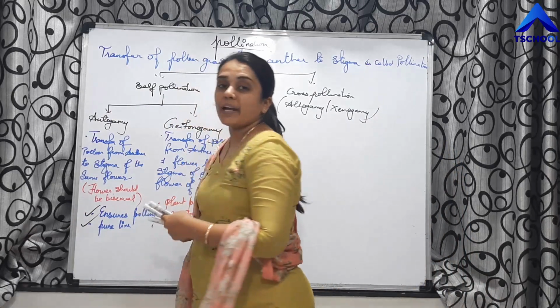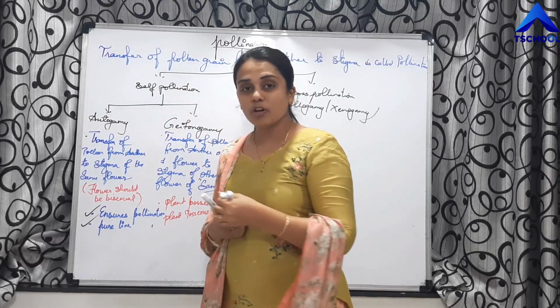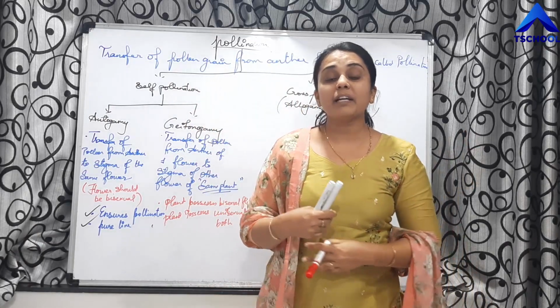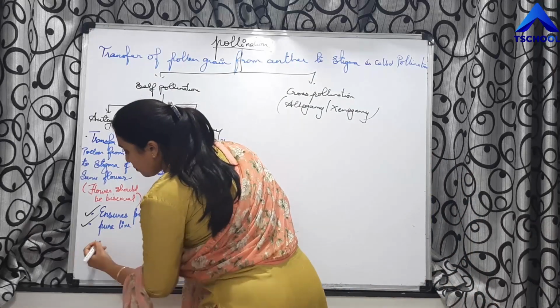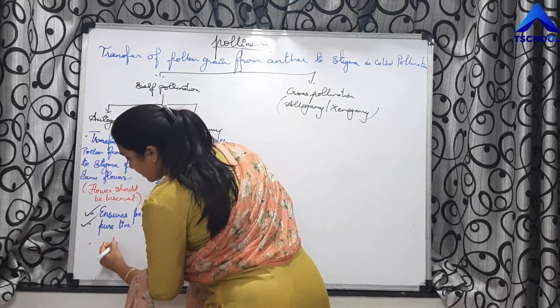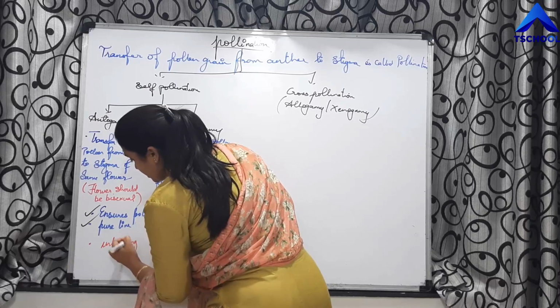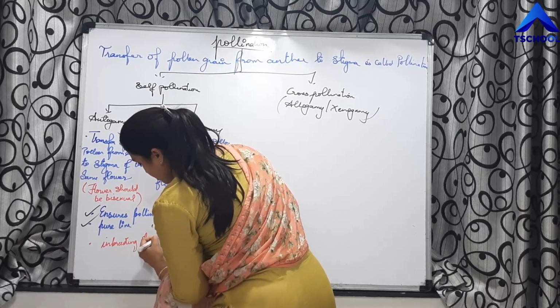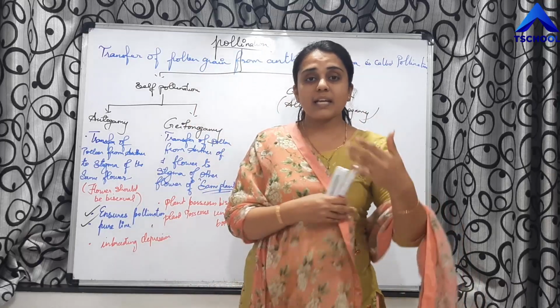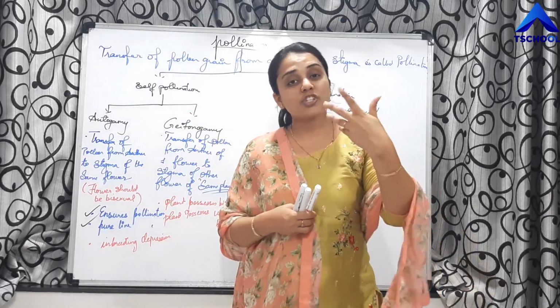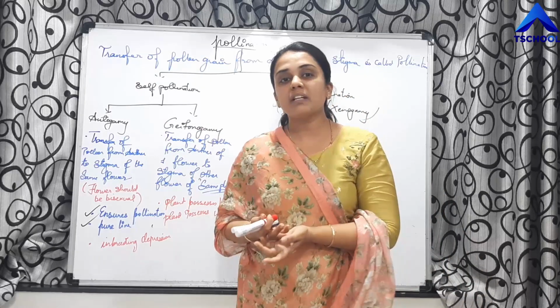What are the drawbacks of self-pollination? Because, as I said, the genetic makeup is going to remain the same, right? So there can be possibility of inbreeding depression, right? When the same genes are getting mated, then the progenies which are formed are of the similar kind only.